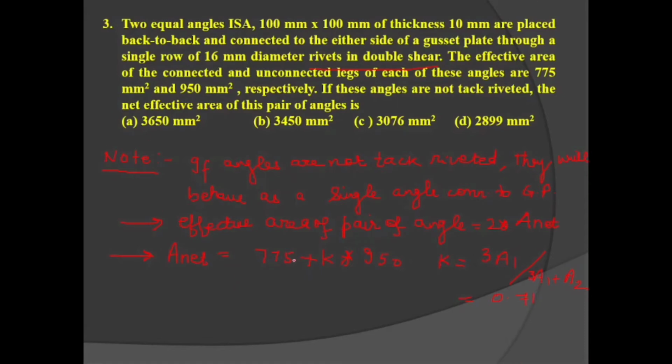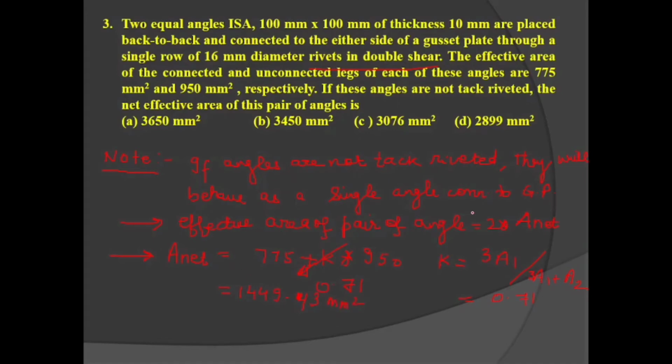So net effective area after putting the value of K equals 0.71, I found A net is equal to 1449.43 mm square.